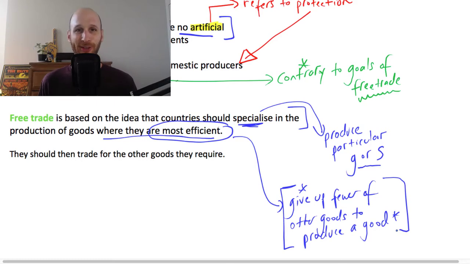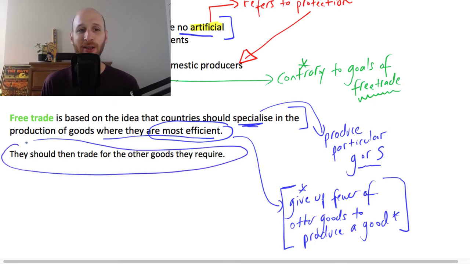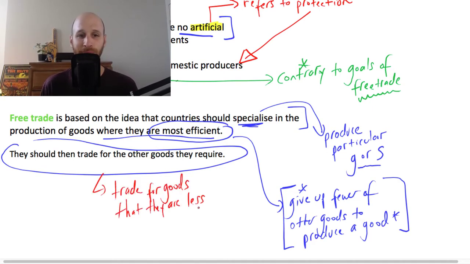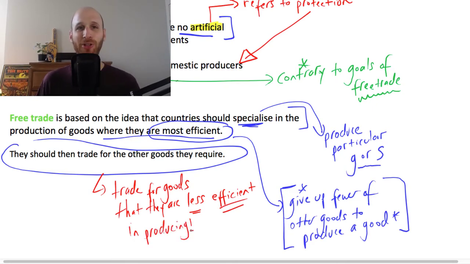And the idea is then that one country produces what they are most efficient at, then another country produces what they are most efficient at. And so countries then trade for the other goods. So every country specializes in the good that they're most efficient at, and then they trade to get the rest.